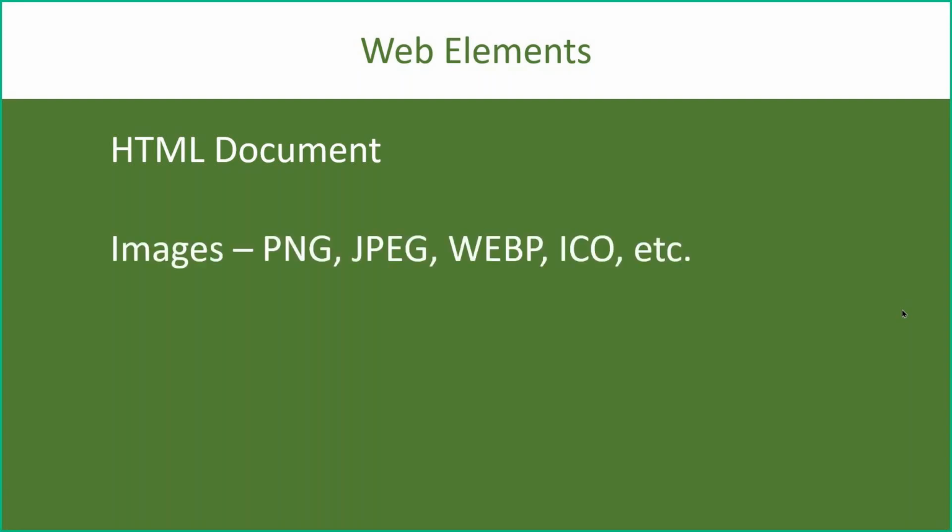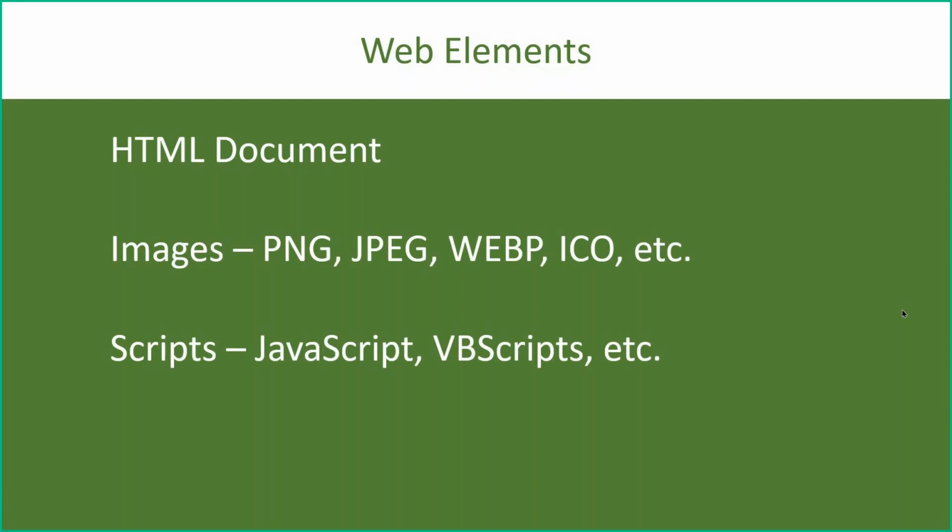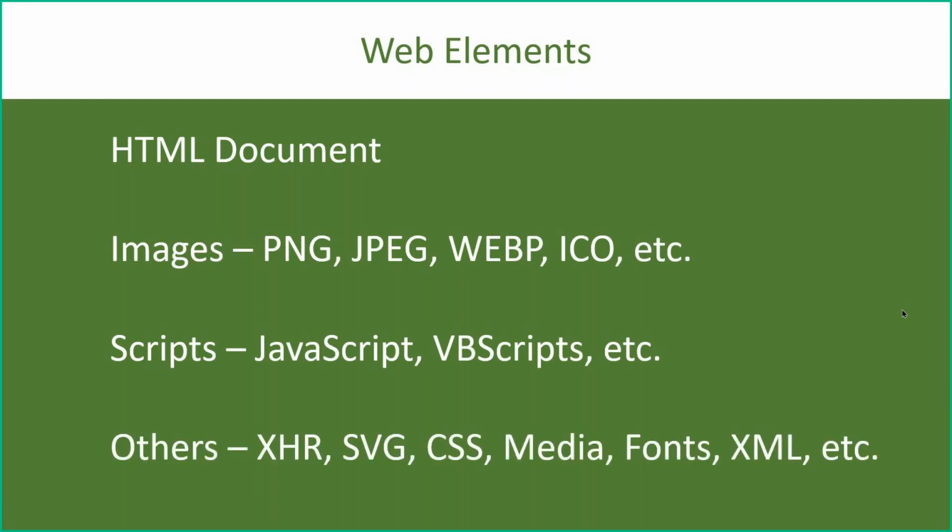And there are other elements like images, which are PNG, JPEG, WebP, ICOs for icons, etc. And there are scripts, JavaScript, VB scripts, etc. There are many other resources as well, like XHR, SVG, CSS, media fonts, XML, etc. We are going to look at all of these aspects from the hands-on perspective by using Google Chrome.